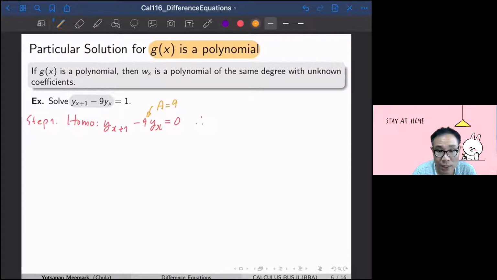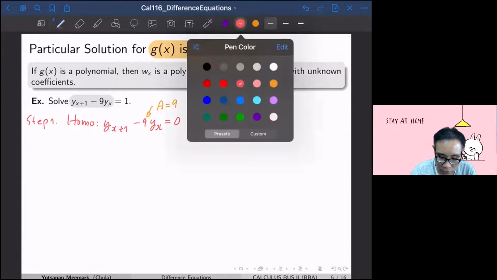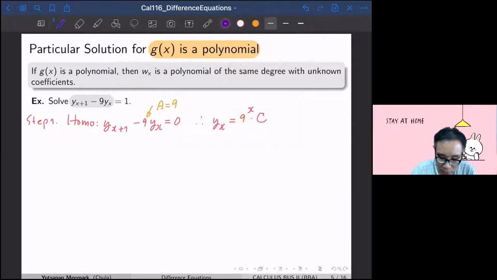Okay, so you have the capital A equal to 9. And this will give you y(x) equal to 9 to the x times a constant c. Okay, so this c is a constant. Okay, so that will be your y(x).